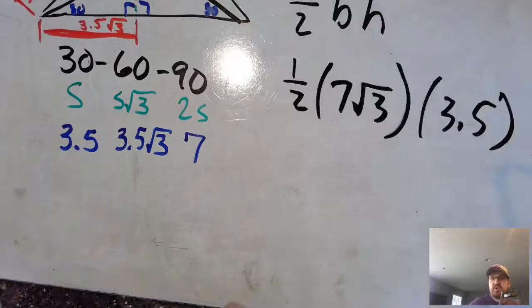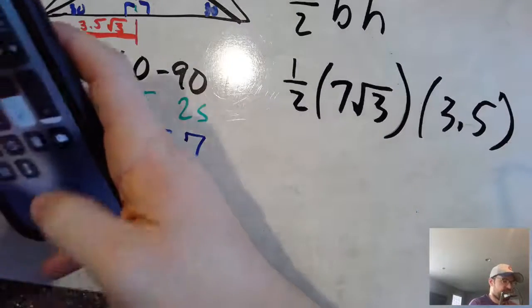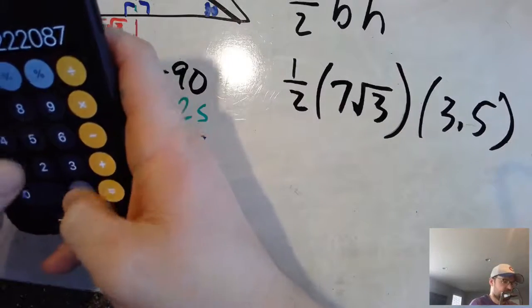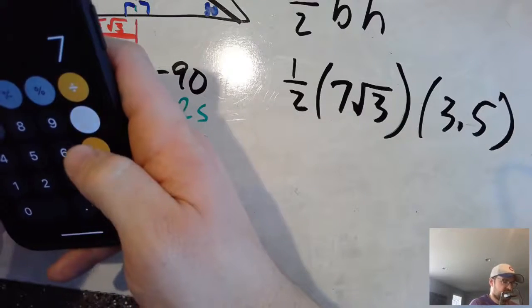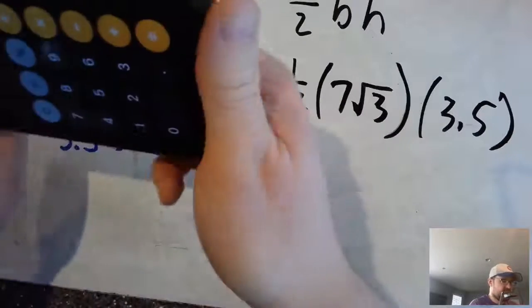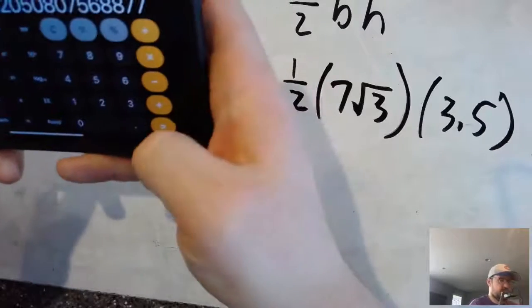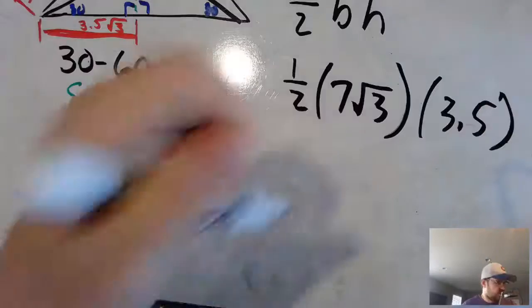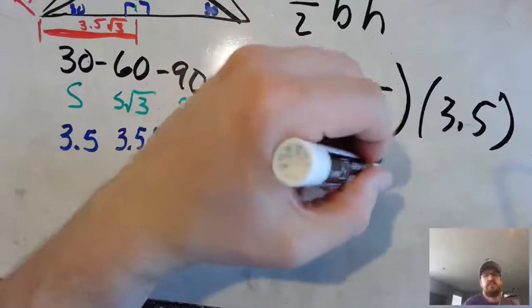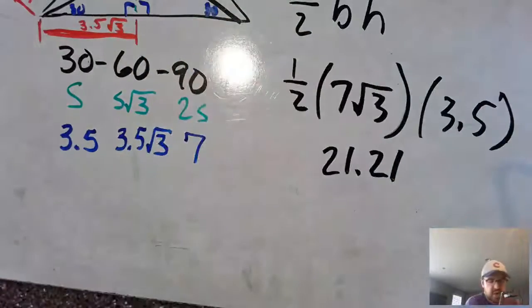Well, what we do is we just use our calculator. Okay, so I have 3.5 times 1/2 times 7 times the square root of 3. That area right here is just 21.21. Okay, that's just for one triangle.